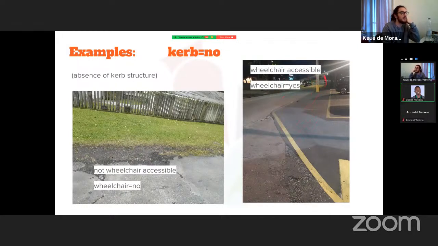So this is the case where the absence of curb infrastructure is still accessible with wheels. And here it's not accessible because you have a bad condition on the surface of this sidewalk, okay.